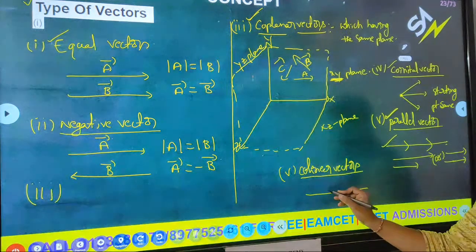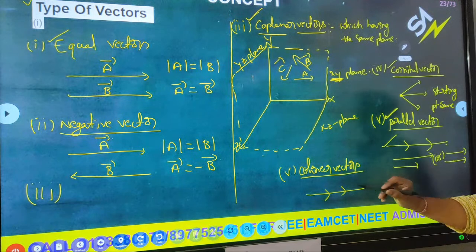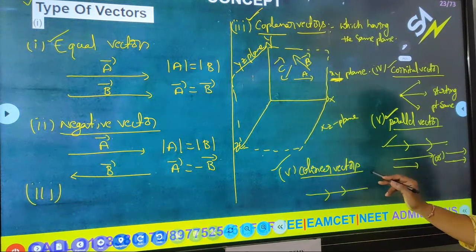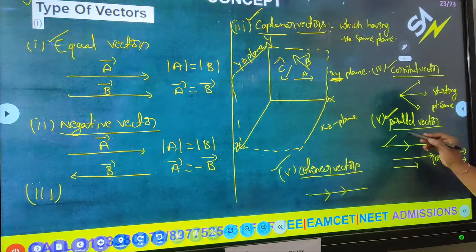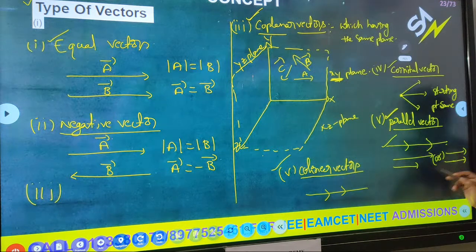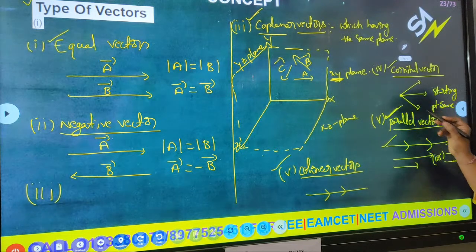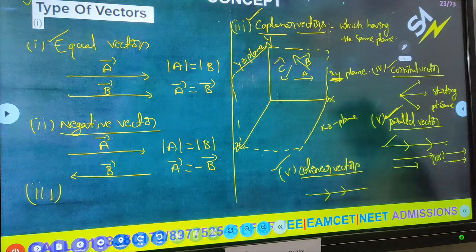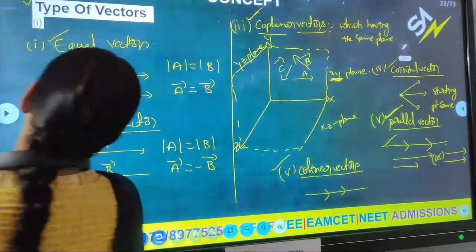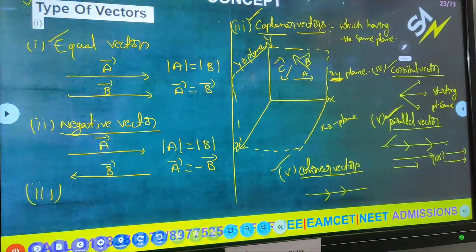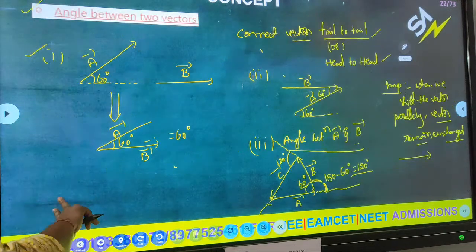Parallel vectors need not be of same magnitude. If they have same direction, unequal magnitude are also parallel vectors. So these are the main types of vectors: equal, negative, coplanar and co-initial, parallel vector and collinear vectors.